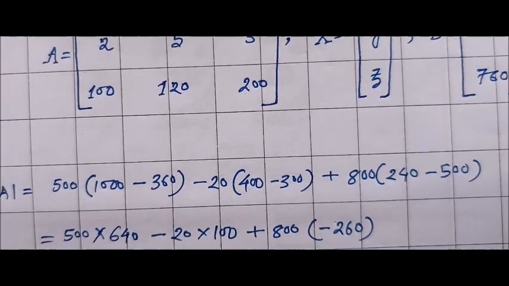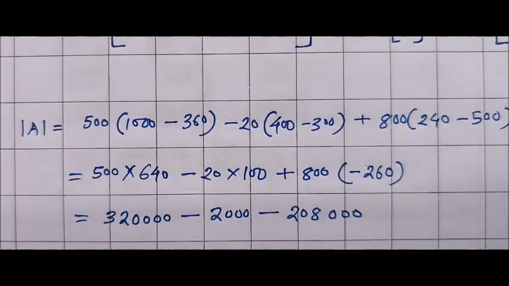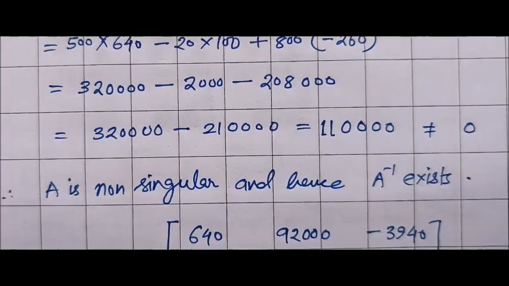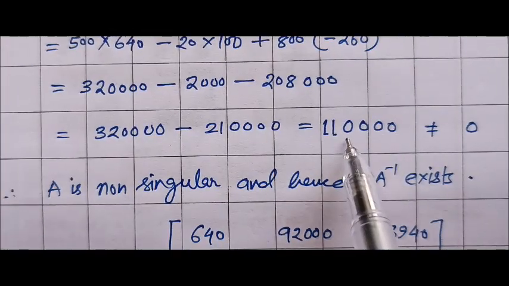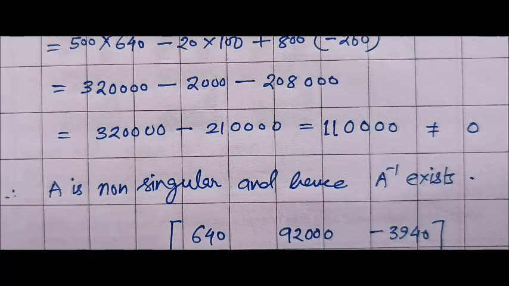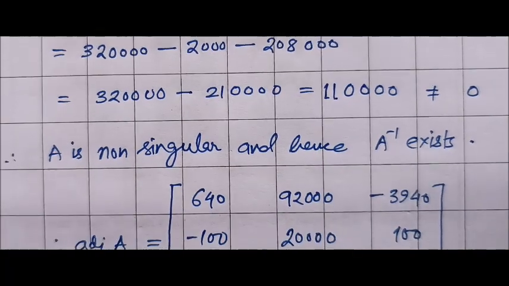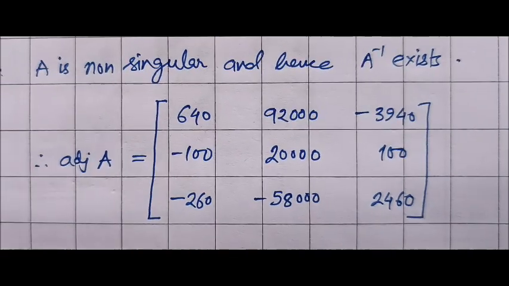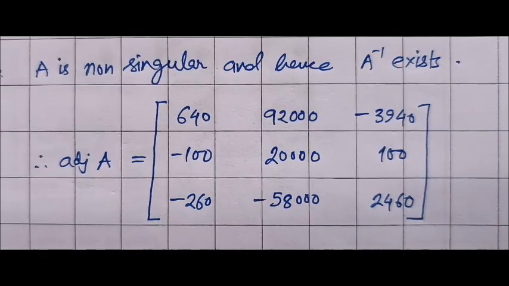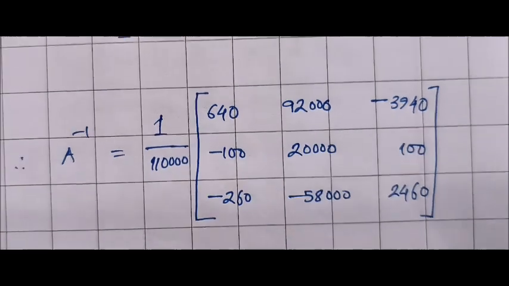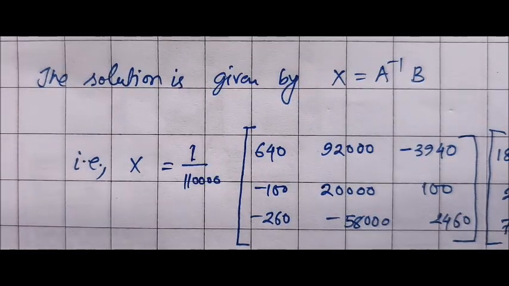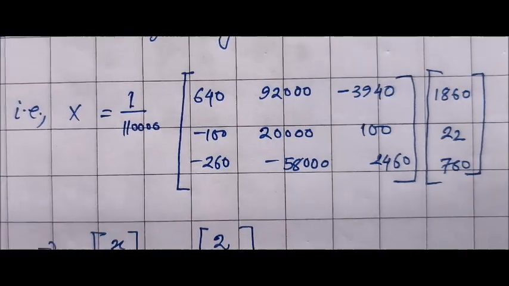Then we first find out the determinant of A, and I have expanded along first row only, and the answer comes out to be 11 followed by 4 zeros, and it is a non-zero quantity, therefore A is non-singular, hence A inverse exists. So, adjoint of A you can easily find out, and after finding adjoint you can easily find out the inverse. We know that in matrix method the solution is given by X equal to A inverse B. A inverse already we have found out.